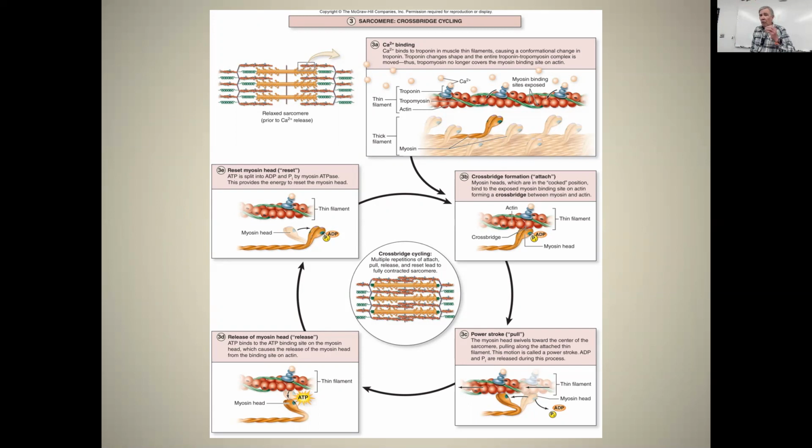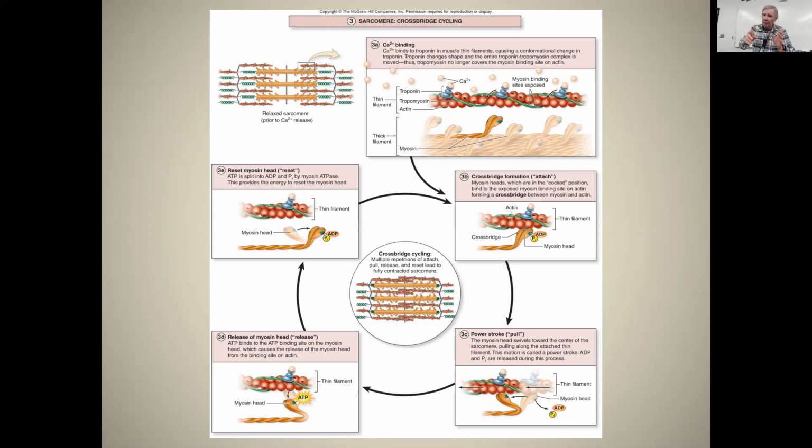So the important thing is, what's the role of ATP in muscle contraction? It's not the power stroke. The role of ATP is to detach myosin from actin, and then when it's split, to recock the myosin cross bridge. And then it attaches and goes to the power stroke. So that's crucial.